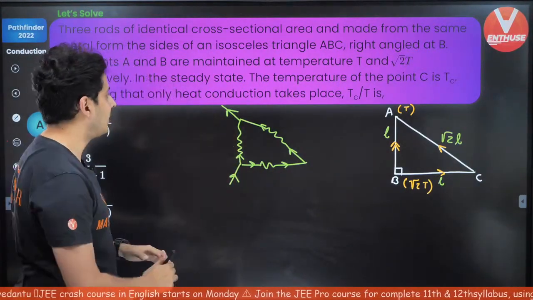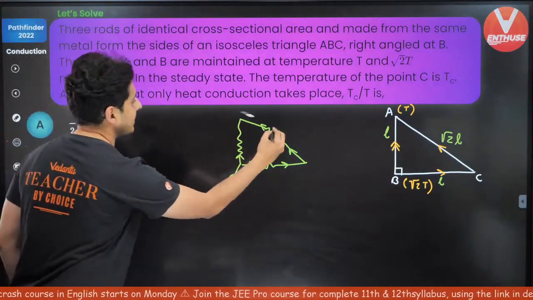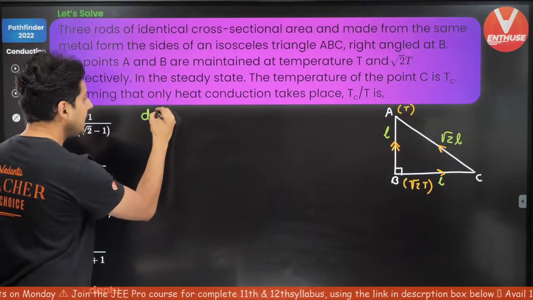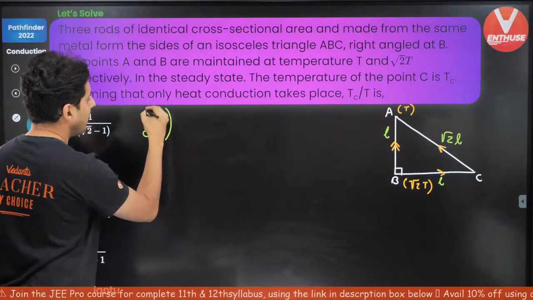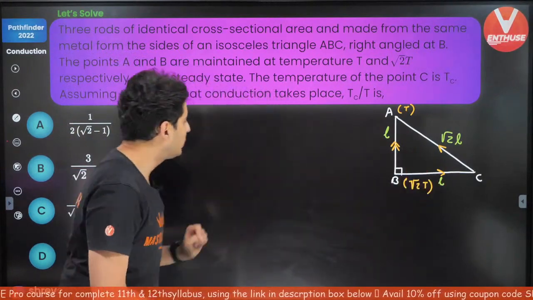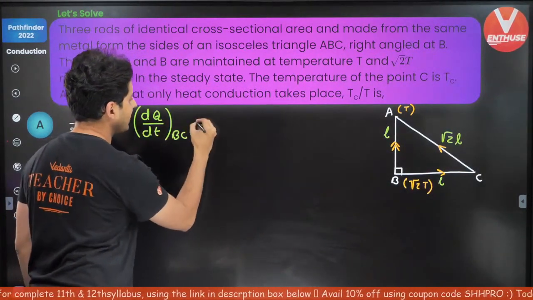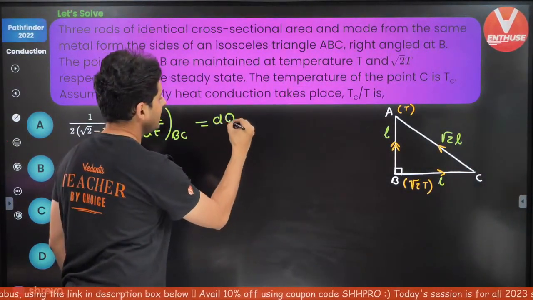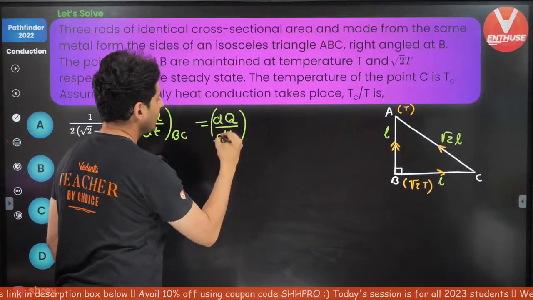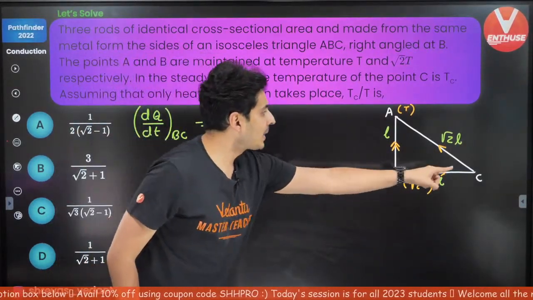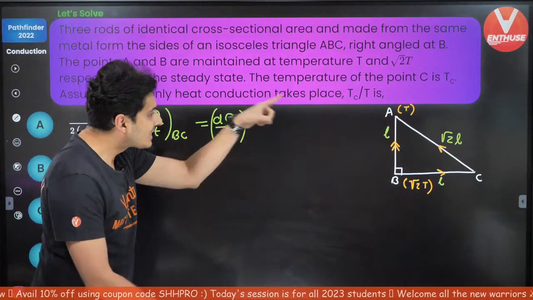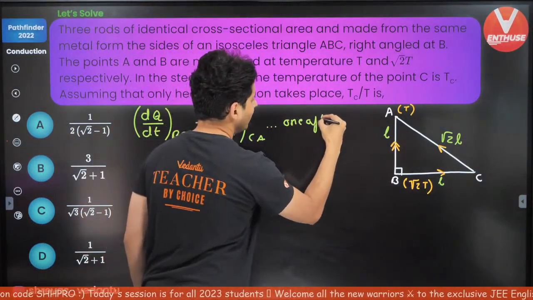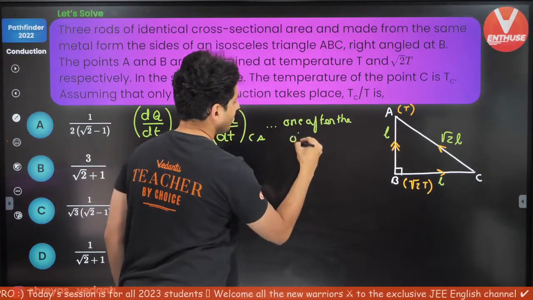Now, if that is the case, going back over here, the heat flow rate dQ by dt from B to C will be exactly equal to the heat flow rate dQ by dt from C to A. The reason is they are one after the other.